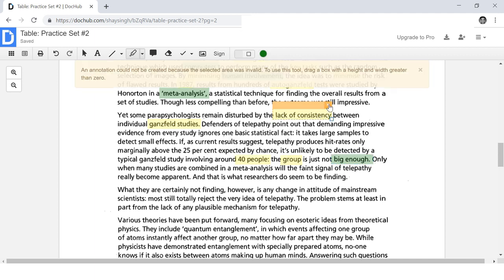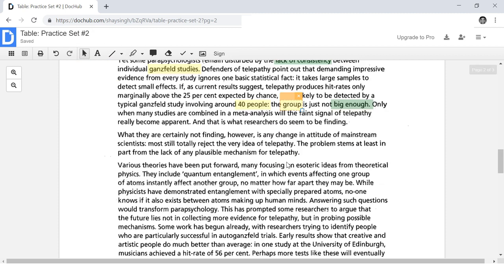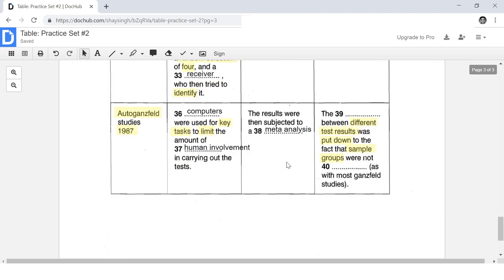Okay, let's just put that in green. And there we go. So the correct answer here for number 39 is lack of consistency. And then down here for number 40, the correct answer is were not big enough.